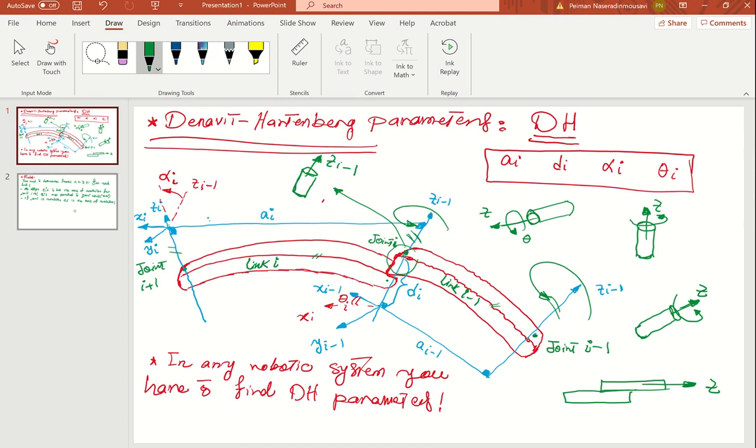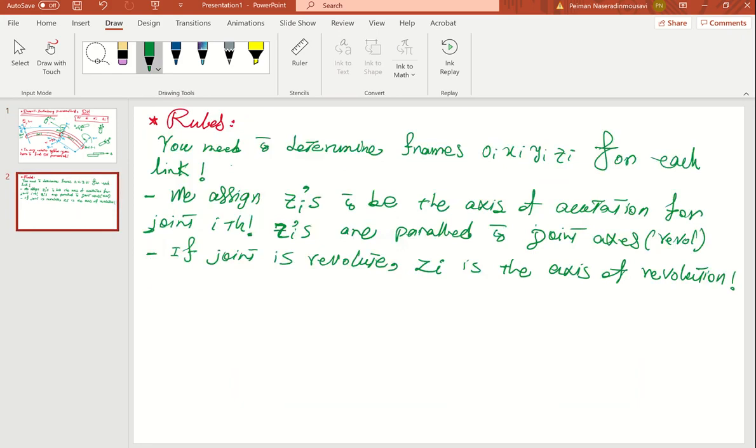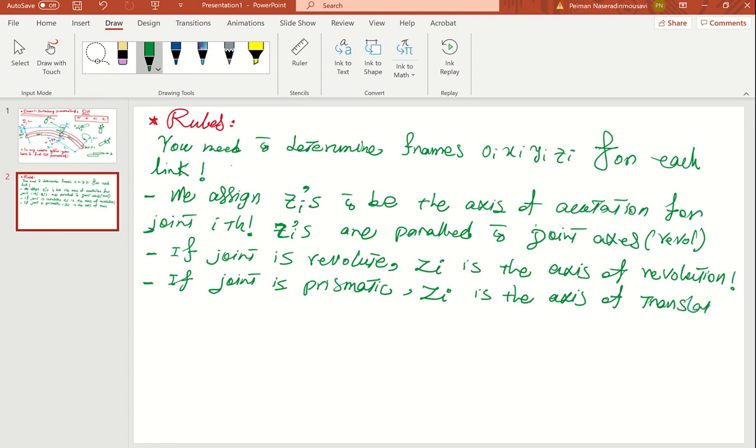If the joint is prismatic, zi is the axis of translational motion, as I showed here.